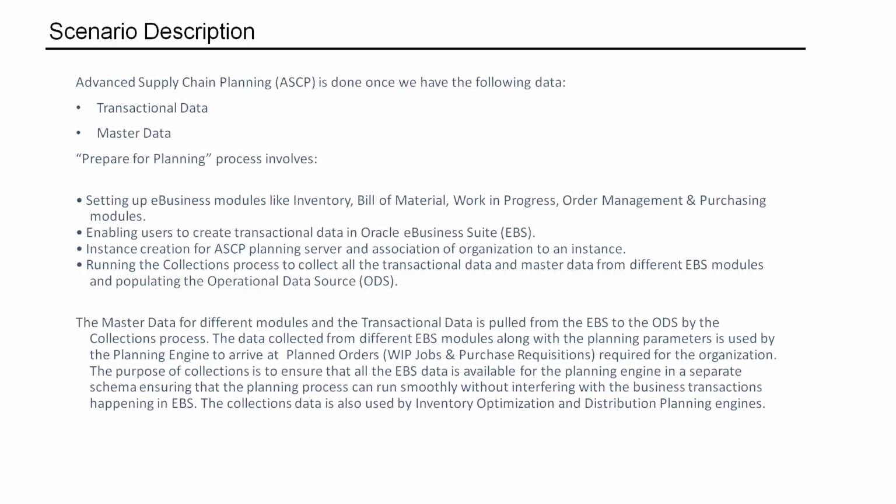This is just a suggestion of ASCP, and ASCP does give some exceptions as well. For example, if the customer order of an item cannot be met, then it will give you an exception saying why it cannot be met. Are there any capacity constraints, or anything else, like the supplier delaying the material due to which the customer orders might be delayed. All these suggestions and exceptions are given by ASCP to the planner, which helps the planner make the right decision.